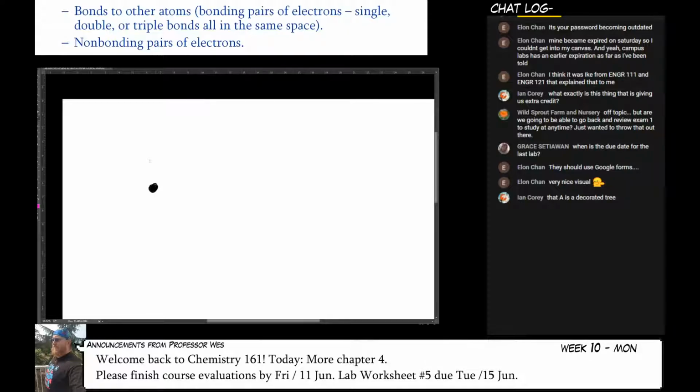And then coming out of that, I'm going to draw a bond to another atom, and a bond to another atom. And then I'm going to also put electron pairs on the central atom. So this is basically water, is what I'm drawing here.